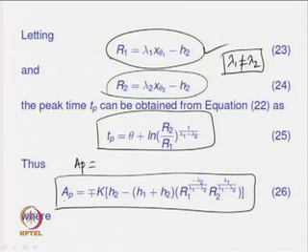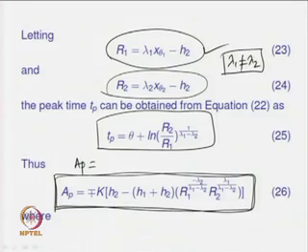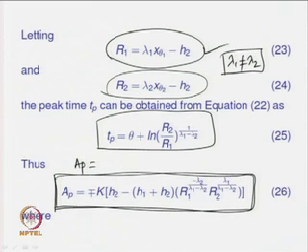So, with this assumption that lambda 1 is not equal to lambda 2, let me once more read out the exact expression for the peak output of the sustained oscillatory output: Ap is equal to minus plus k times (H2 minus H1 plus H2 together) times R1 to the power minus lambda 2 upon lambda 1 minus lambda 2 times R2 to the power lambda 1 upon lambda 1 minus lambda 2.